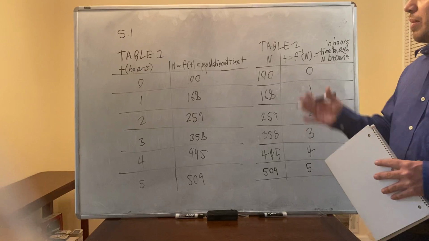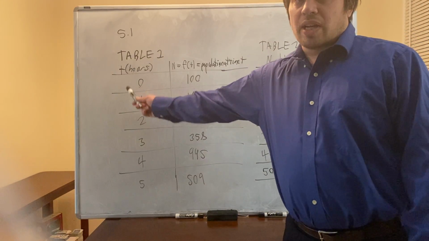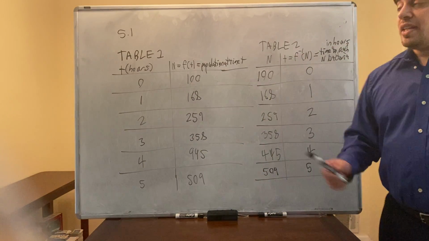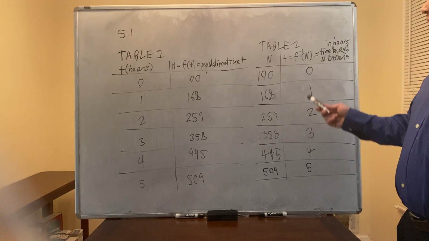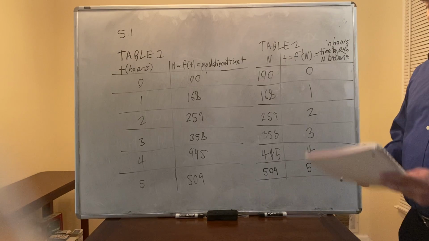Okay, so we have 2 tables here. In table 1, we have as an input into the function a time in hours, and the output, we have a population at that time. And in table 2, we go in the opposite direction, and we start with a population, and we say how long does it take to reach that population. Okay?